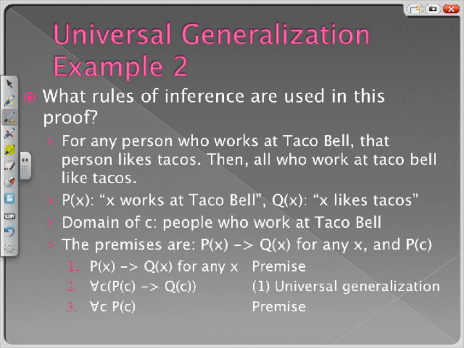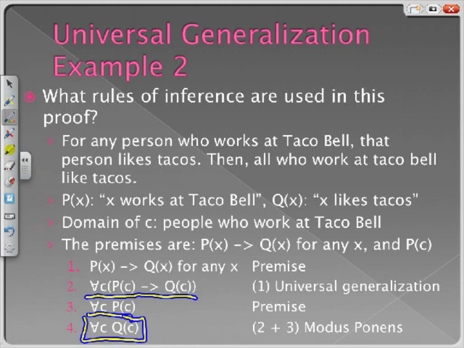Using our second premise, for all c, P of c is true, we can conclude using modus ponens that because for all c, P of c is true, and for all c, if P of c then Q of c, we can conclude for all c, Q of c is true.